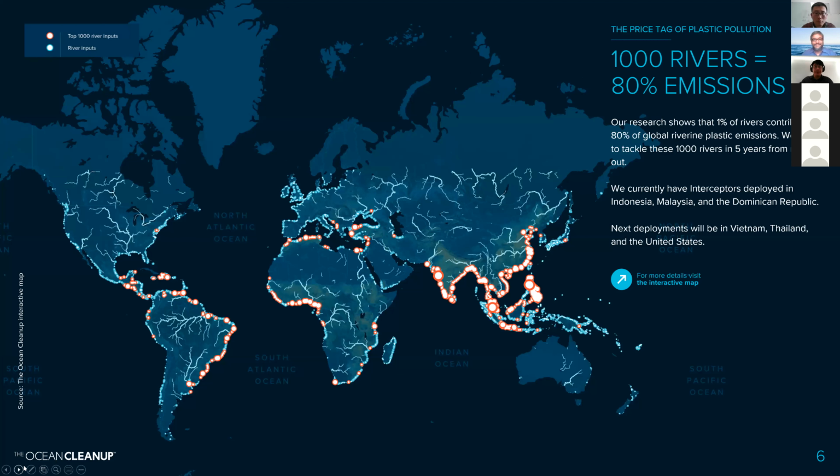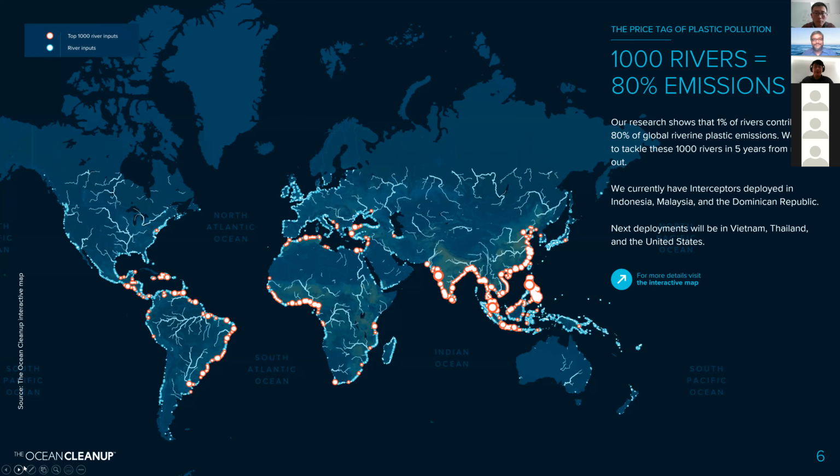Besides that, as we mentioned earlier, we do research towards what the sources of the pollution in the oceans are. And we have developed a global model predicting plastic river emissions.